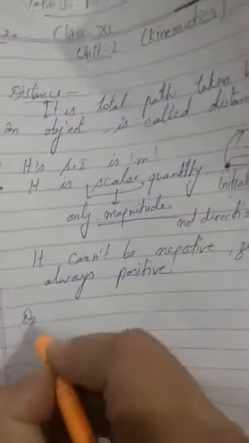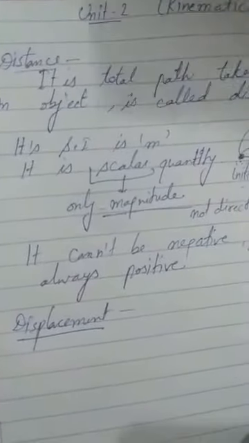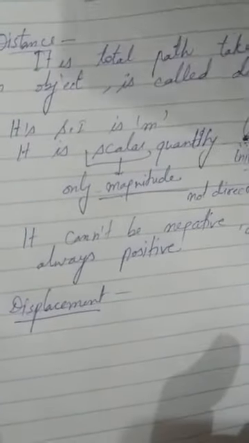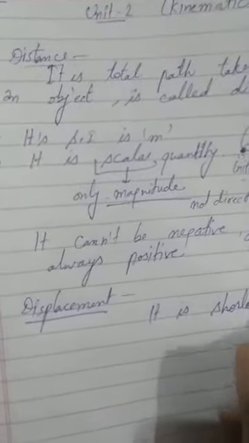Now next, displacement. What is displacement? Displacement is also the path covered by an object from initial to final, but this is the shortest path.